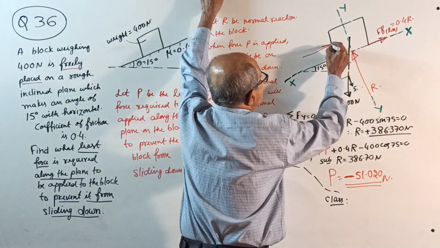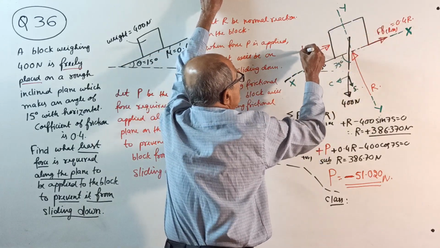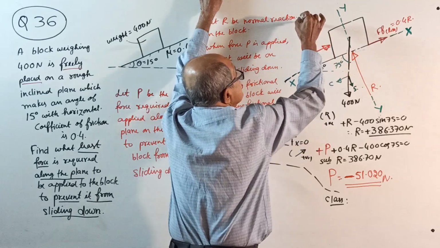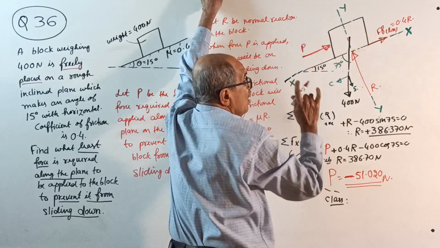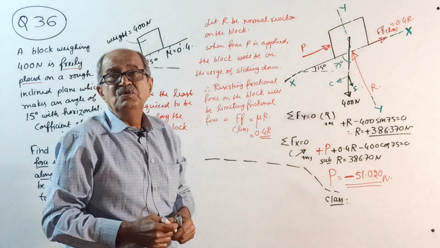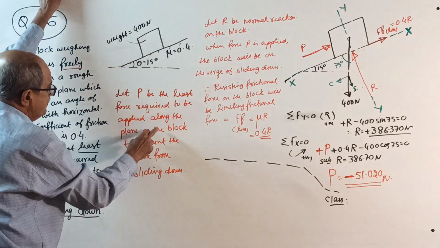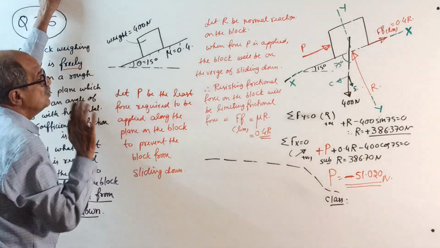Surely it is this way, because when it is sliding down, your force should be along the plane like this. In the next class we will put some inclined force, or a horizontal force applied; all that will be covered one by one later, in systematic order. Least force required along the plane to be applied on the block to prevent it from sliding down.